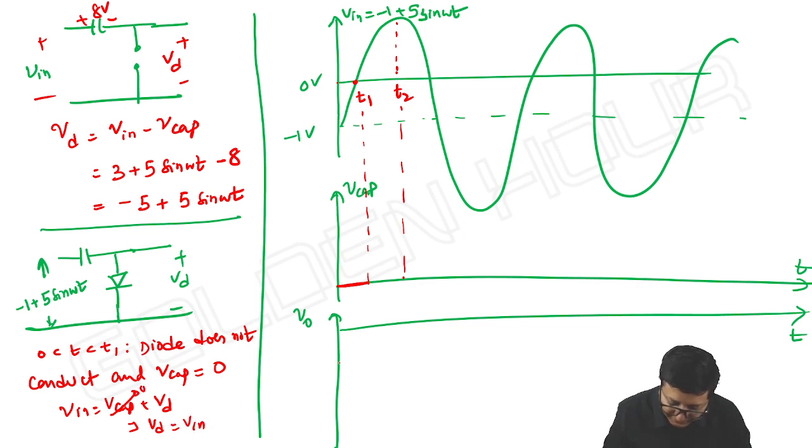Means whatever the negative value of input you have, that can be seen at the output. Next, T1 to T2, input is positive. As input is positive, diode starts conducting. T1 less than t less than T2.